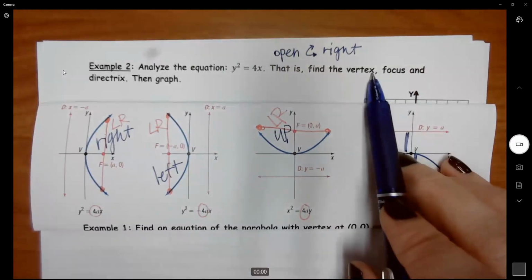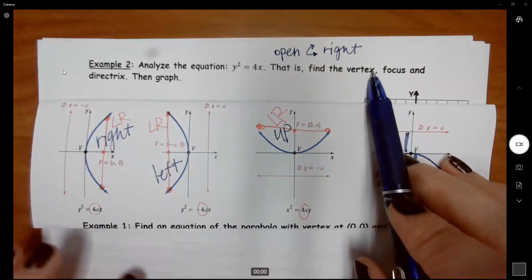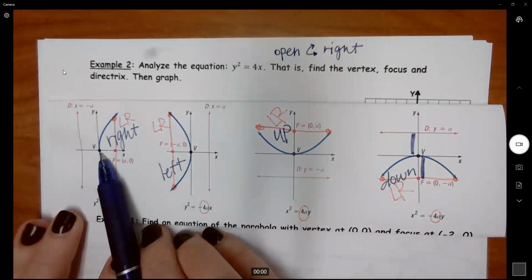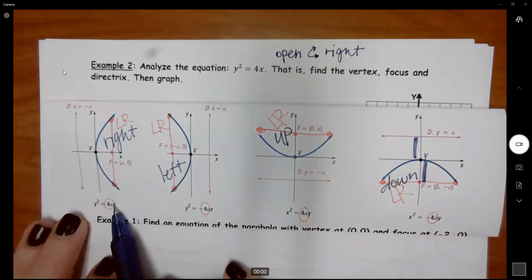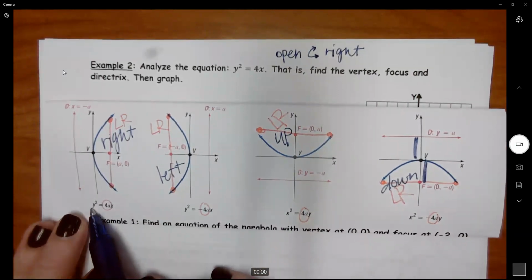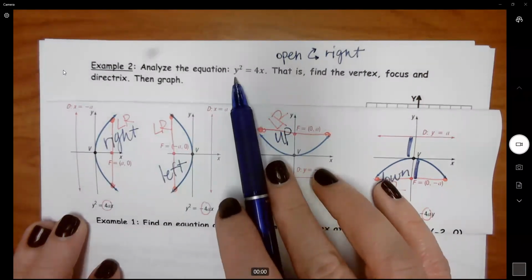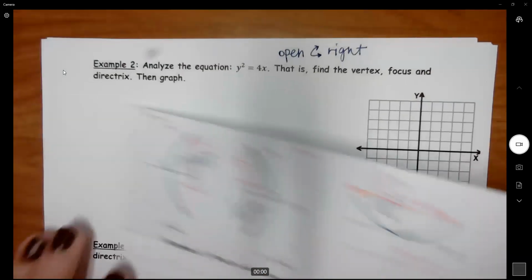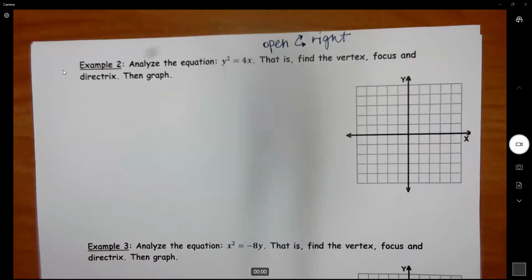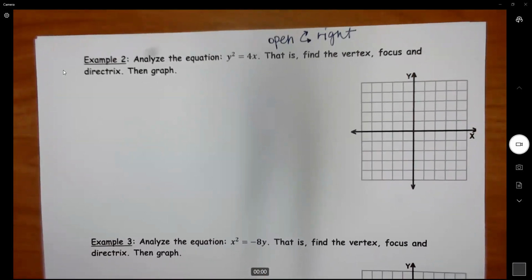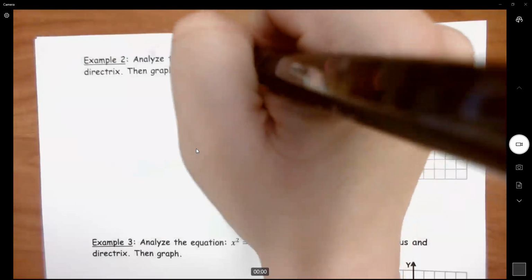Okay. So my vertex, I know my vertex is at 0, 0, because it's not x minus h and it's not y minus k yet. It is just x and it is just y. And I'm actually going to change this problem, if you don't mind.